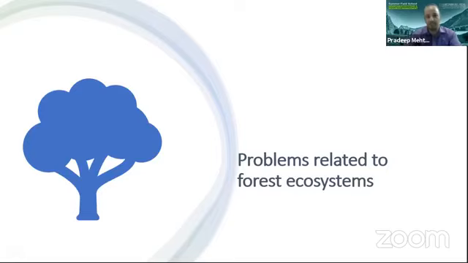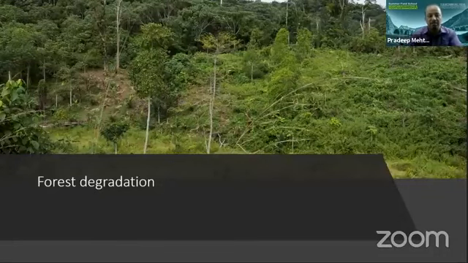So coming to the environmental problems, as we all know, mountains are known for their aesthetic and cultural values. But at the same time, mountains are very fragile. Mountains pose many difficulties as well. Looking at some of the main problems being faced in the mountains, one, coming to the forest ecosystems, there is the problem of forest degradation.